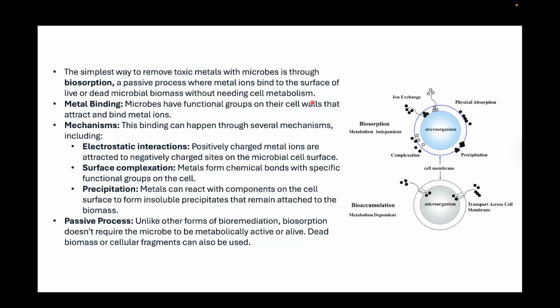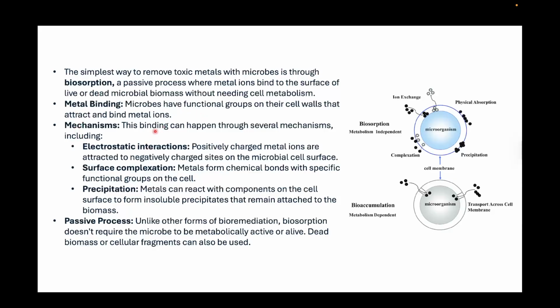Even a live or a dead cell can be used for biosorption, because it immobilizes the toxic metal on the surface of the dead or alive biomass of the microbiome. Metal binding: microbes have functional groups on their cell walls that attract and bind metal ions. It is as simple as that.